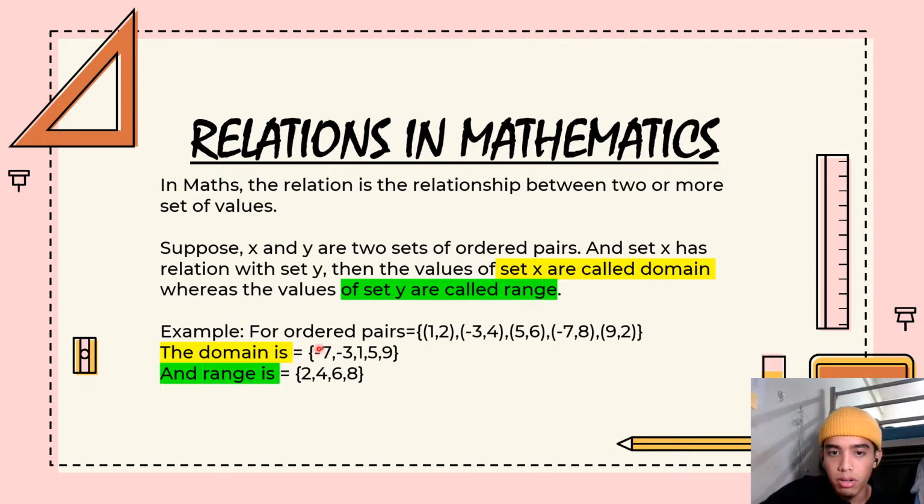For example, for the ordered pairs (1, 2), (-3, 4), (5, 6), (-7, 8), and (9, 2), the domain is -7, -3, 1, 5, and 9, and the range is 2, 4, 6, and 8.